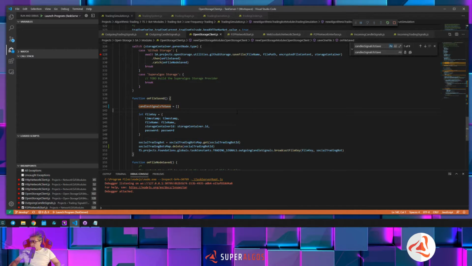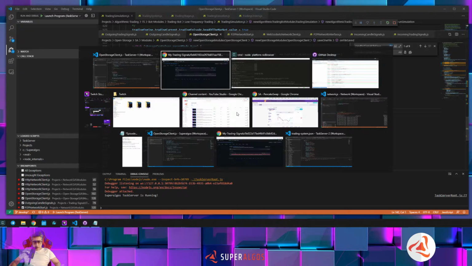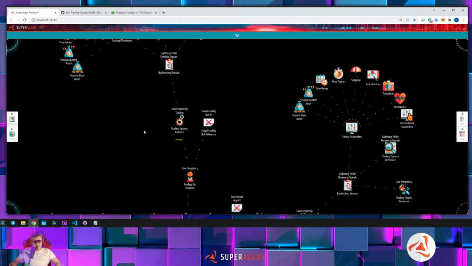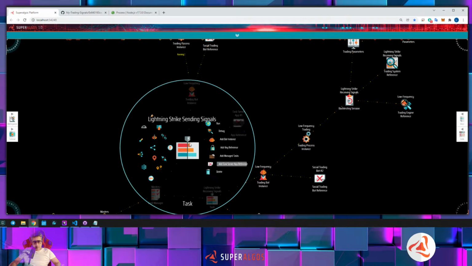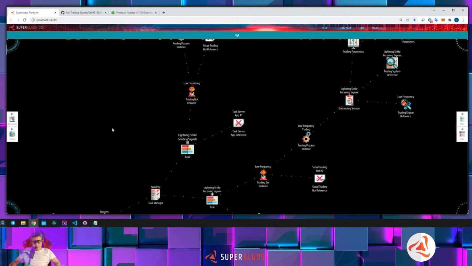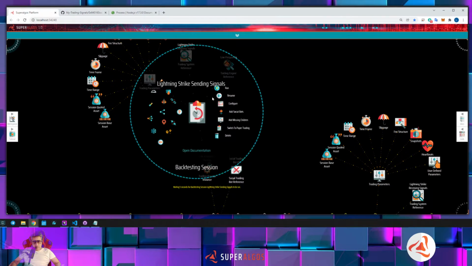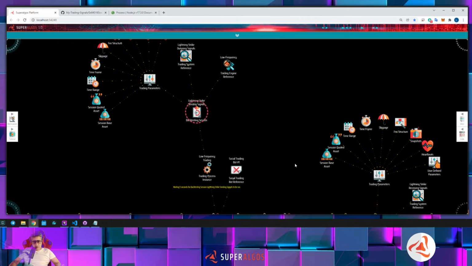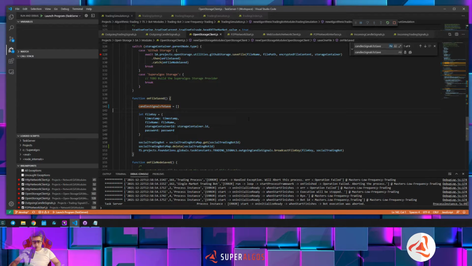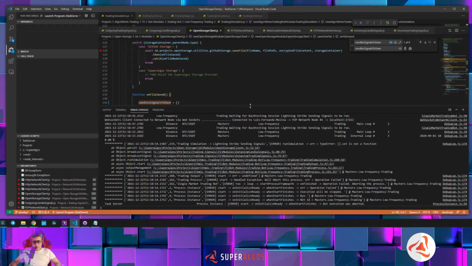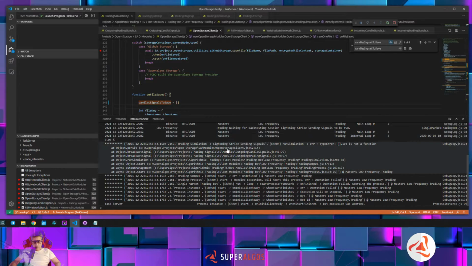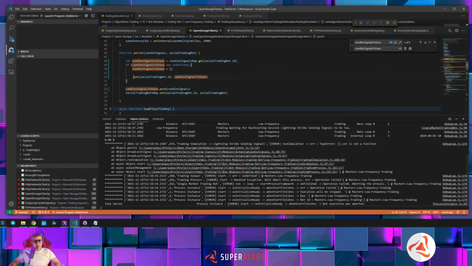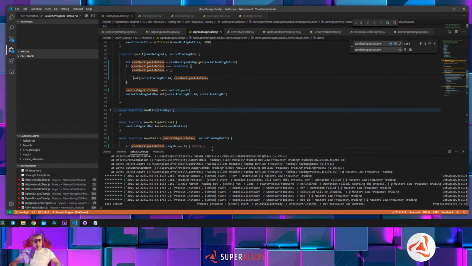Okay, let's let it run. Debug. Run. Something not good.